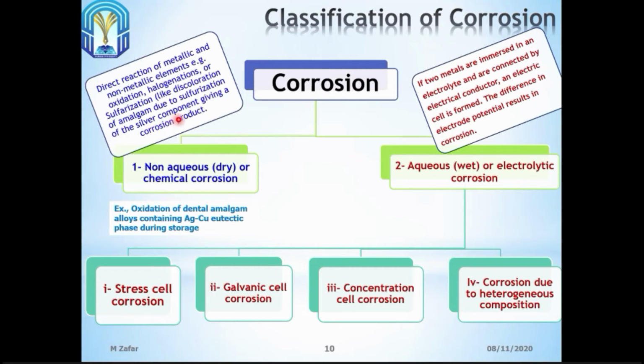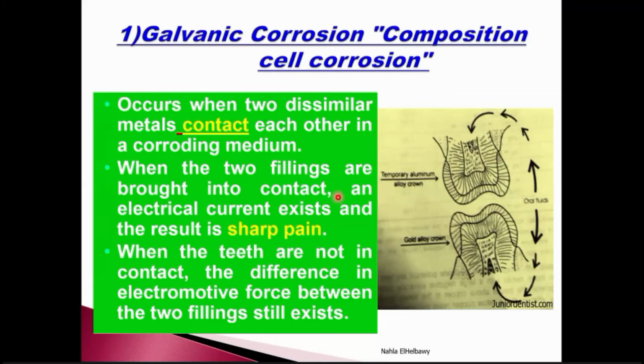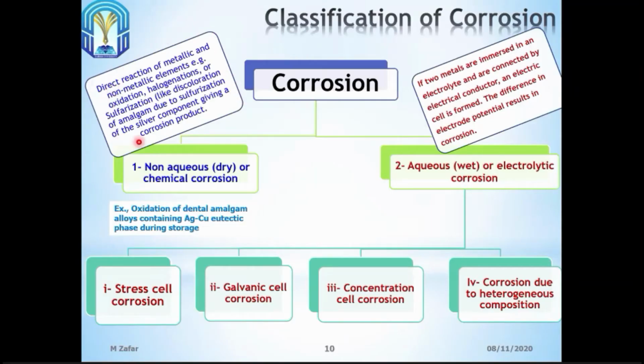But once we apply it in the oral cavity, we face aqueous corrosion, where metal electrolytes are formed and there is formation of an electric cell, resulting in corrosion. So the only point to mention here is that dry corrosion is only relevant in clinics before application in the oral cavity, for example, during storage. During storage, material can oxidize to get some corrosion.